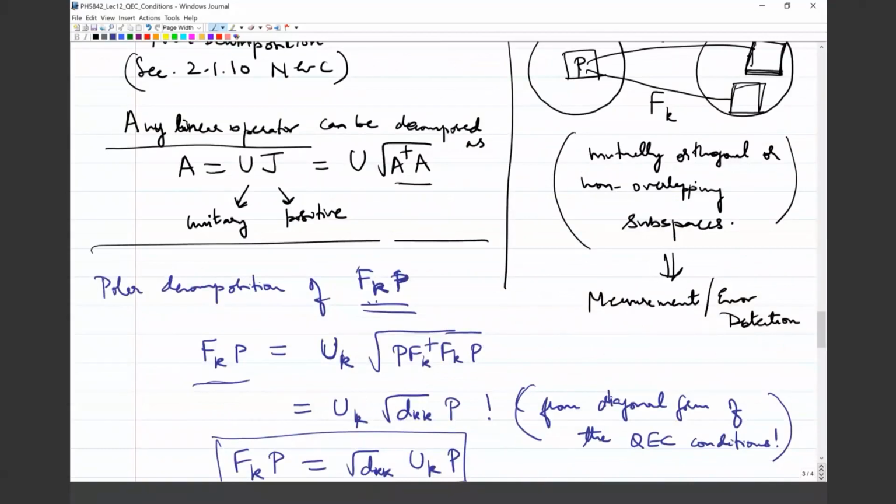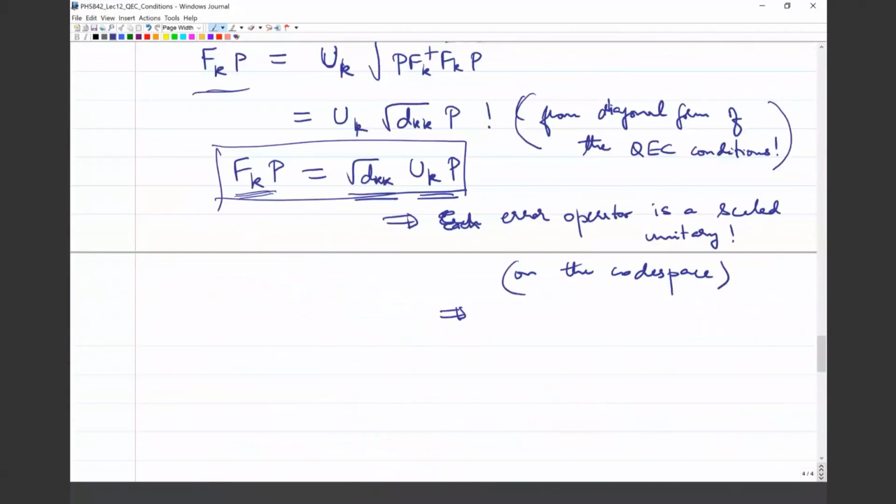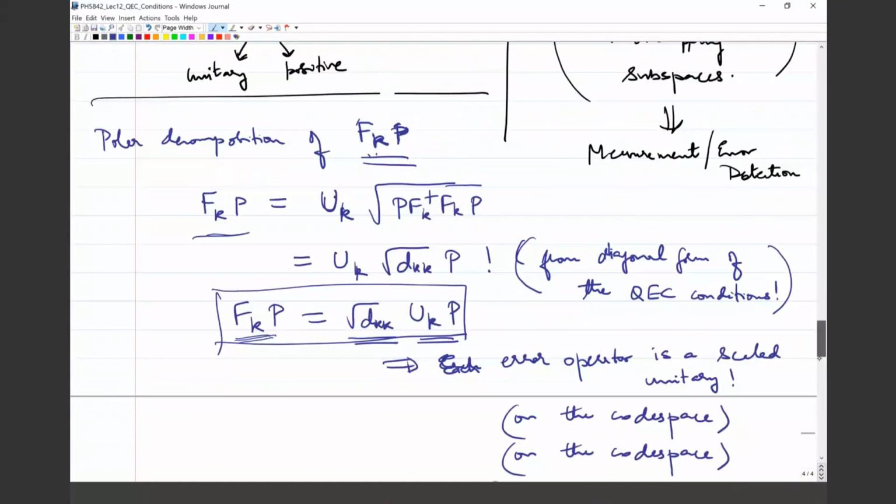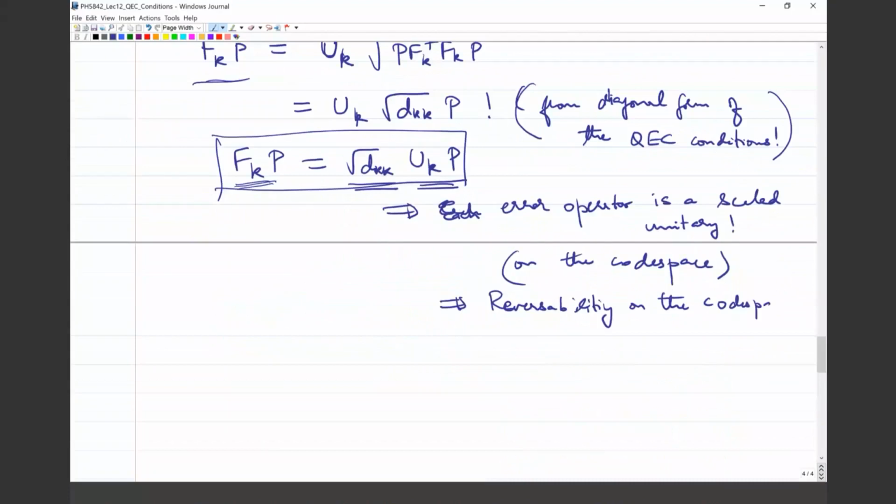And this then guarantees the reversibility, again as far as the code space is concerned. So this part of the error correction condition guarantees that I have found the right subspace, such that I can now reverse the action of the error operators on states within this subspace.